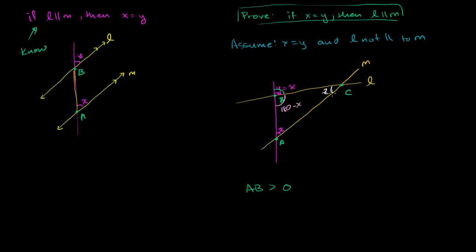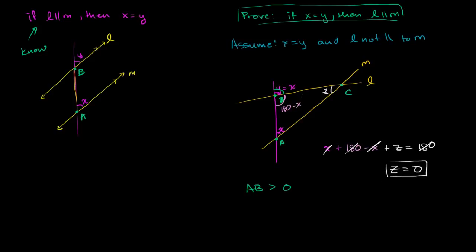We know that the sum of the interior angles of a triangle is equal to 180 degrees. So x plus 180 minus x plus z is going to be equal to 180 degrees. Now, these x's cancel out. We can subtract 180 degrees from both sides. And we are left with z is equal to 0.